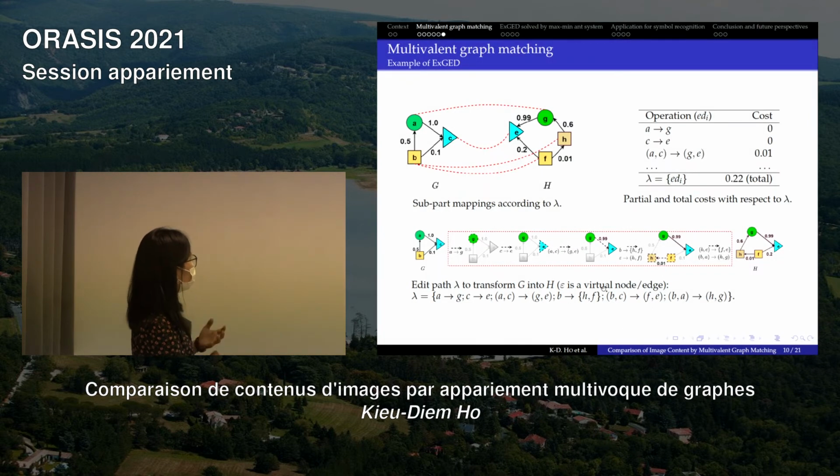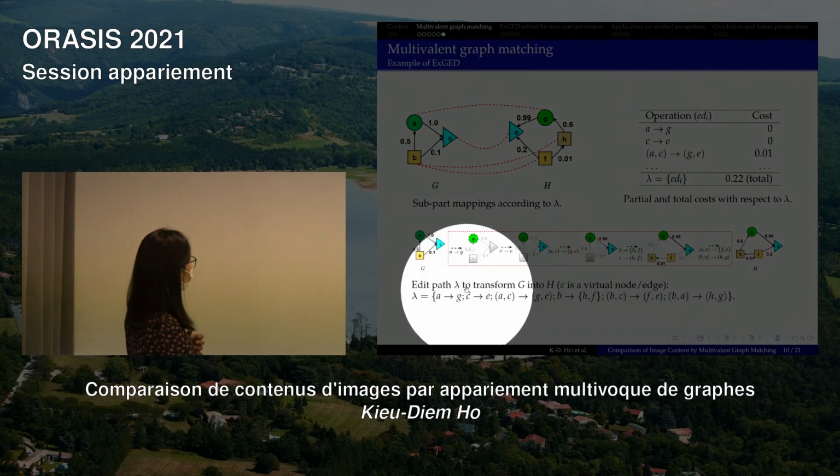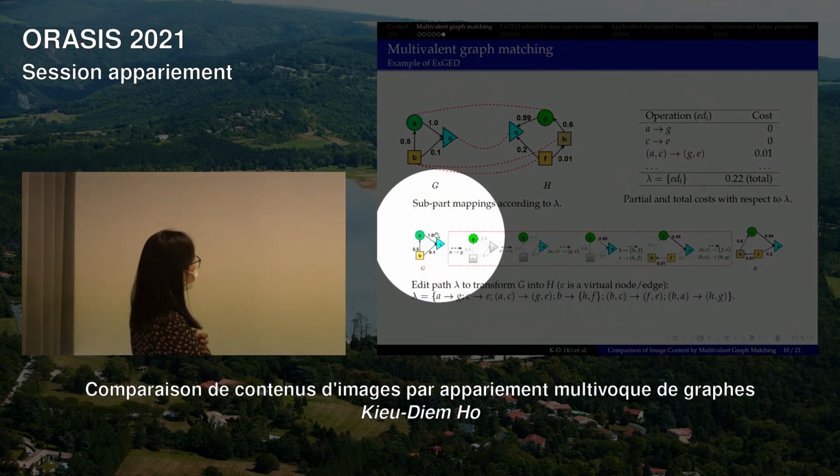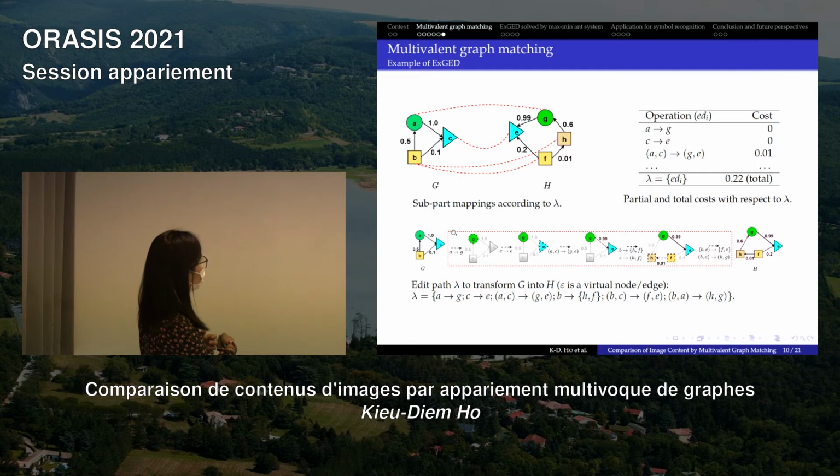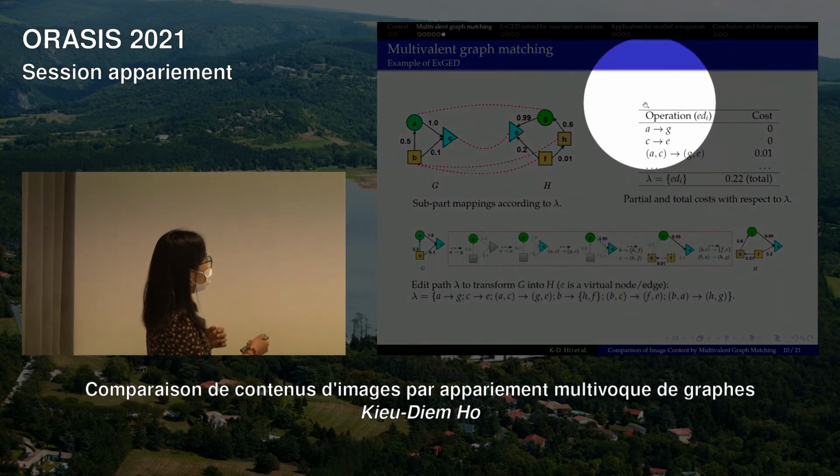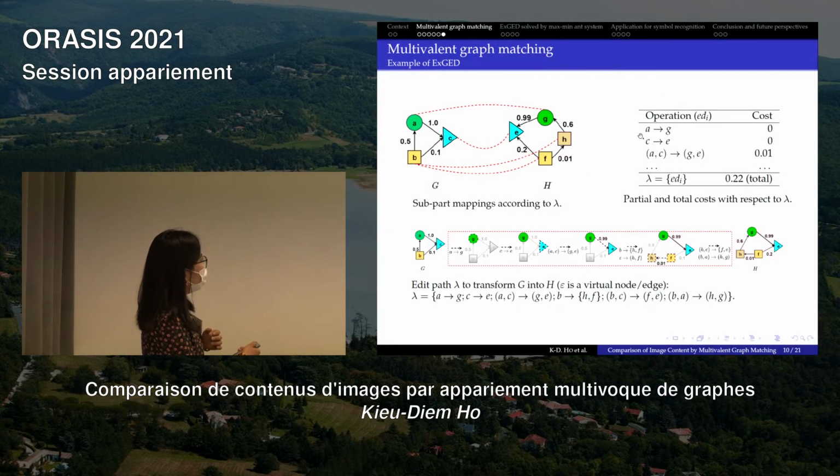So first of all, in this edit path, it will consider, for example, that the node A can match with any of the other nodes in the graph H. So I can match A with 3. In this case, it's called node substitution. And maybe they have the same attribute, the same color, for example. It will cost 0. And it is similar to do node substitution from C to E.